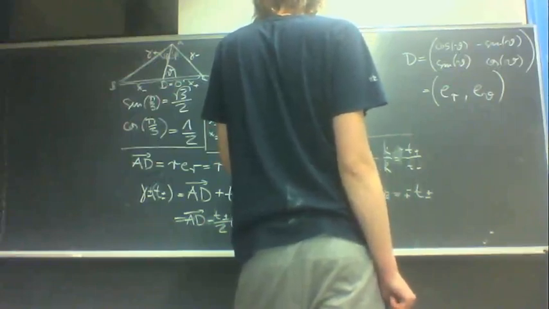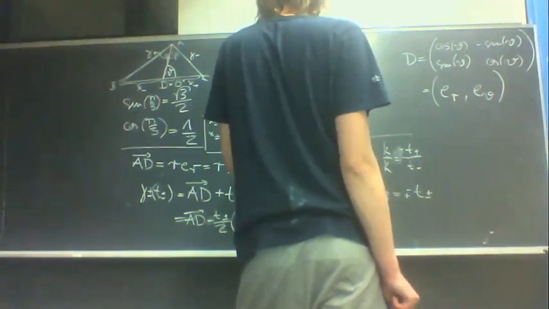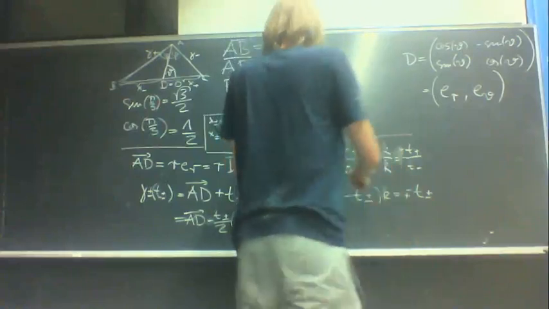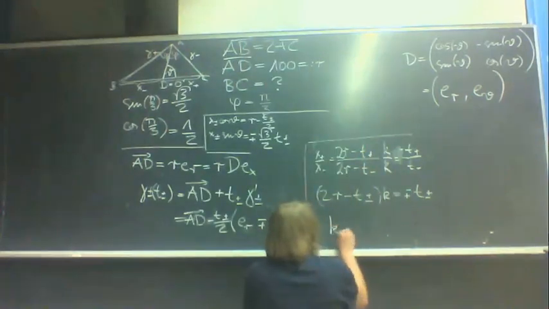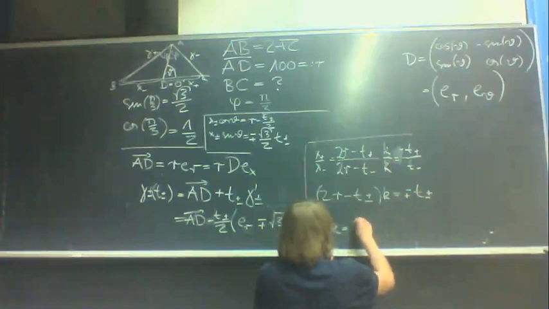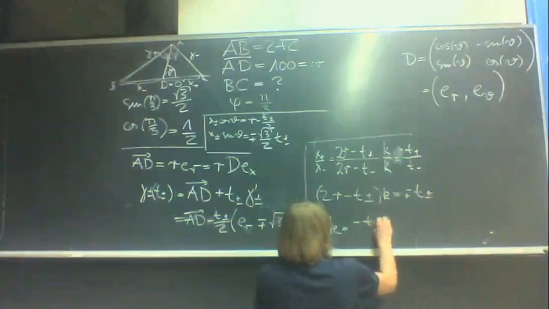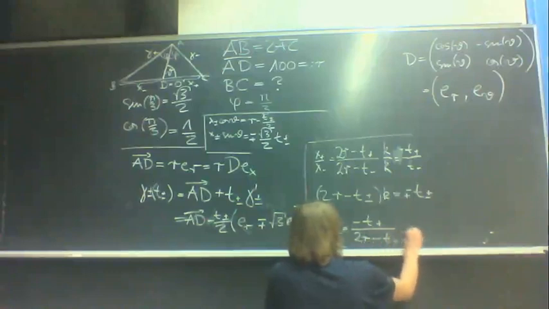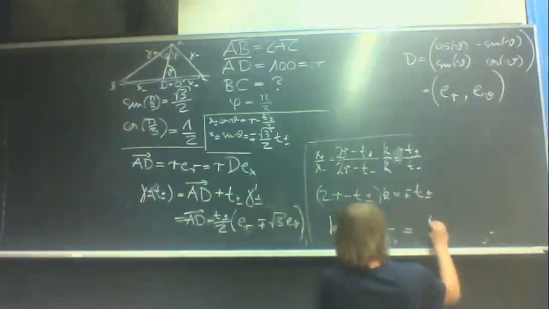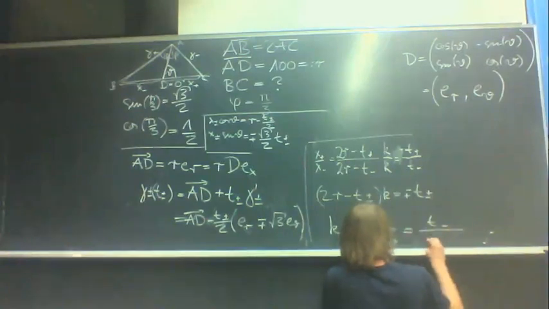Okay, now we can solve for k. So k will be minus t plus over 2r minus t plus, and this will also be t minus over 2r minus t minus.